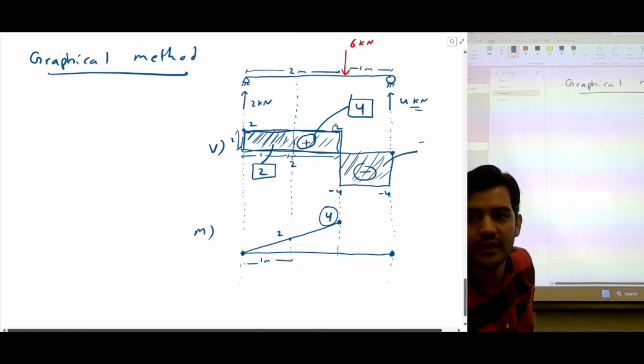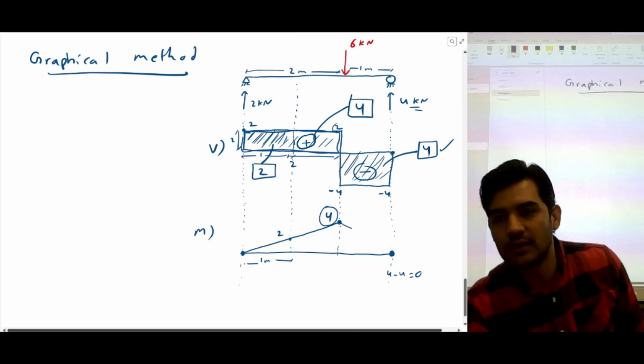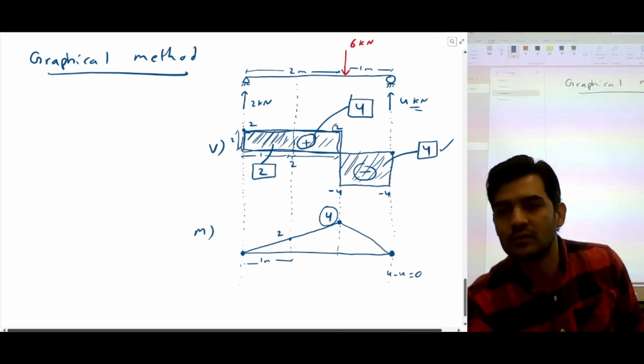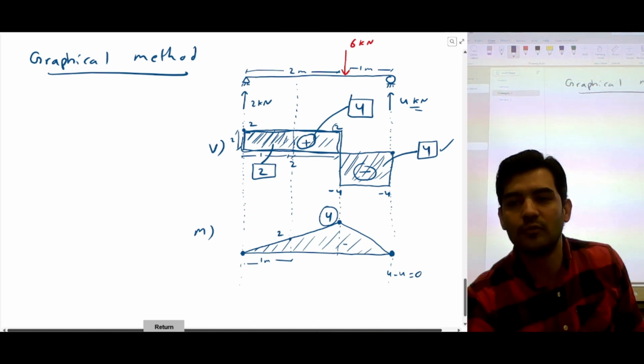The area for this negative region is going to be 4. So 4 minus this 4 is going to give you 0. I'm going to join the points, and this is our bending moment diagram. And this is above, so it's all positive.